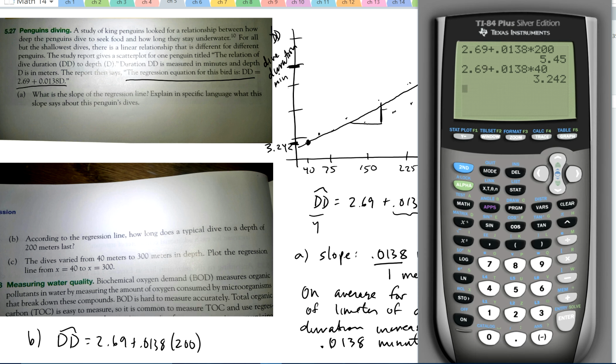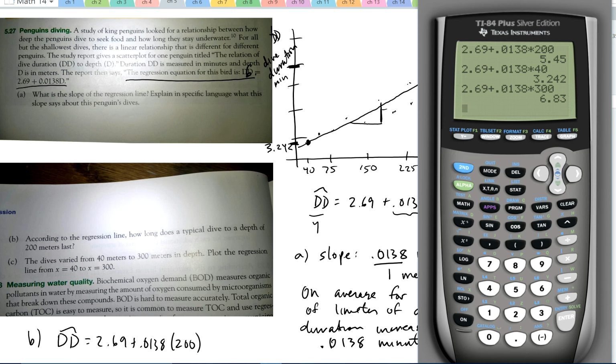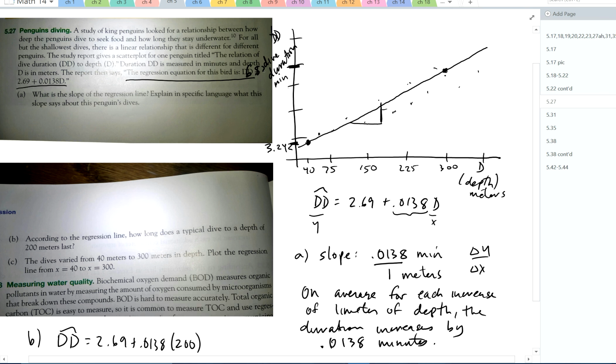And then if I do it again, second entry, which is enter, and I'm going to go back and put 300, so I don't have to type in the whole thing again. 6.83. So this one up here would be 6.83. That's this. Sorry about the mess in here, trying to keep it all on one page. Okay, there we go.